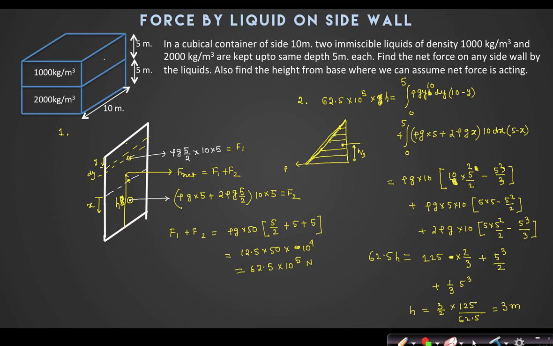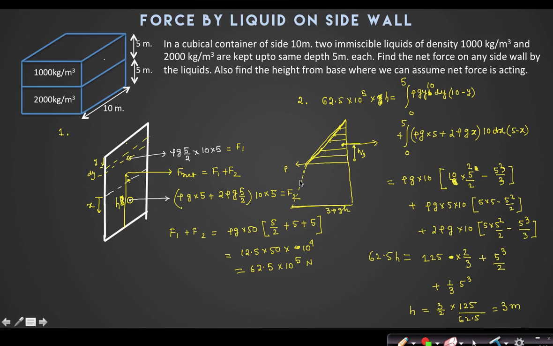And also, as I have told you, if you draw the pressure diagram, this force will pass through the center of this triangle, and in the below segment the pressure diagram will be something like this. This pressure is 3 rho gh. So would the line be more inclined?